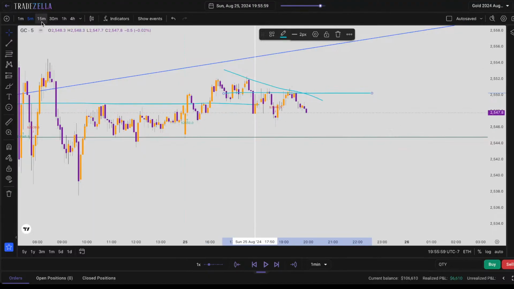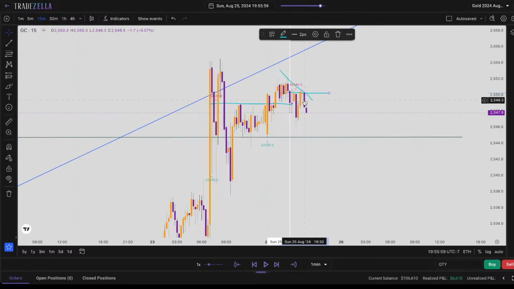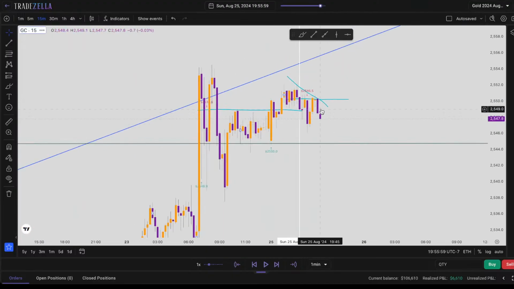Boom. 15. So we've closed at 15. We've wicked. We're taking this short. And we're looking at setting the stop 600 loss, maybe a 900 loss, or potential 900 gain, maybe more.